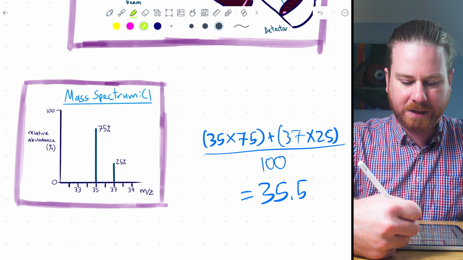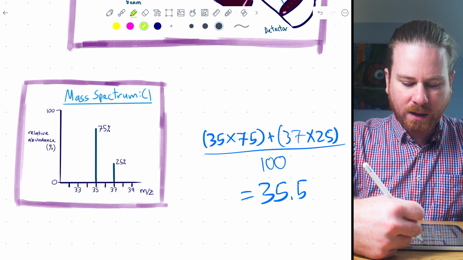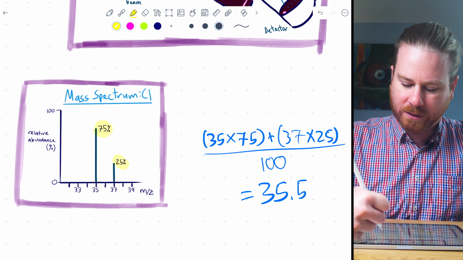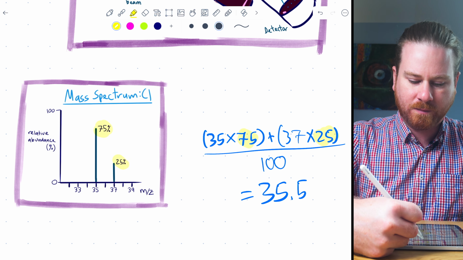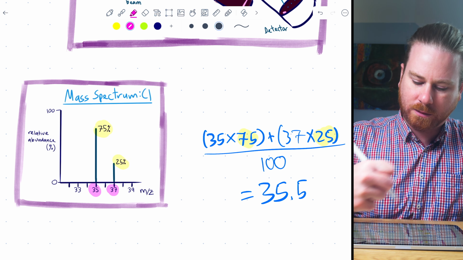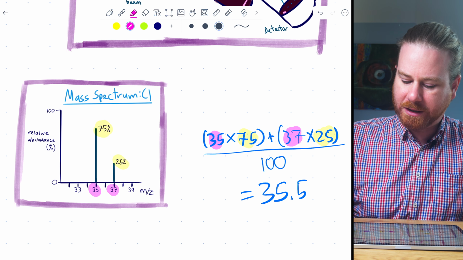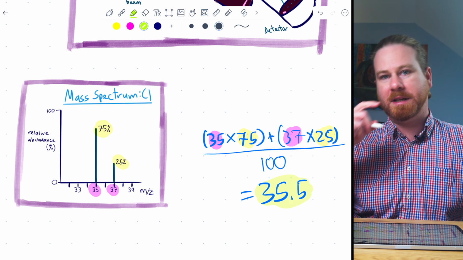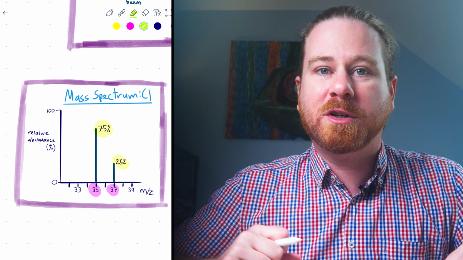So just quickly going through this again, we have 75, 25, so those would be the abundances here, and these are the mass numbers here, and then getting an answer of 35.5. Happy days. Okay, so there we are, atomic structure done.